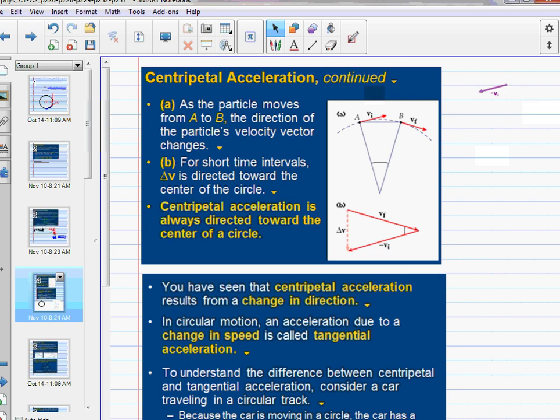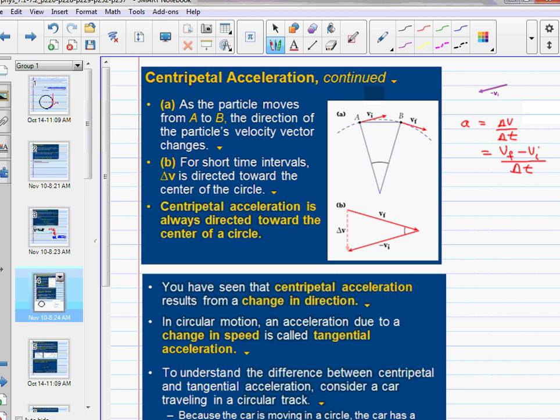Then as we move around the circle to point B, I have a final velocity in that direction. By definition, acceleration is change in velocity over change in time.